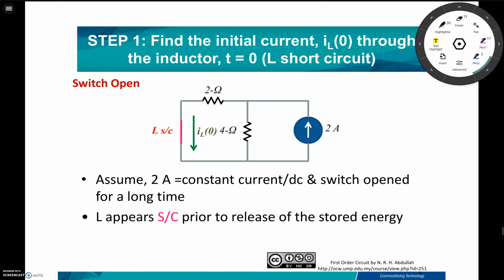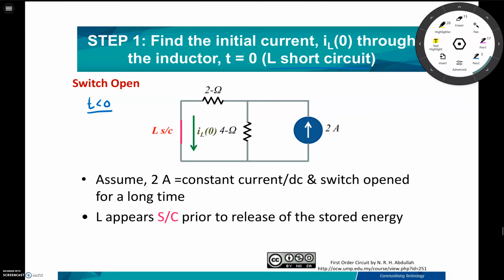And now for step 1, find the initial current IL naught through the inductor at t equal to 0. T is less than 0, and the switch is open for a long time, and then the L is short circuit.